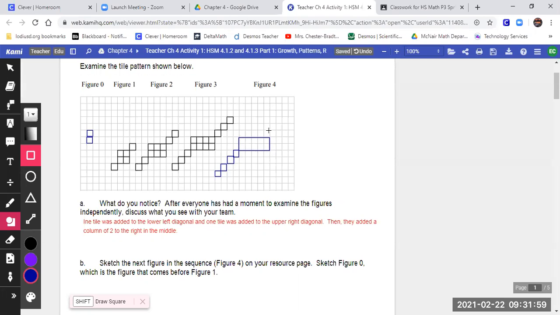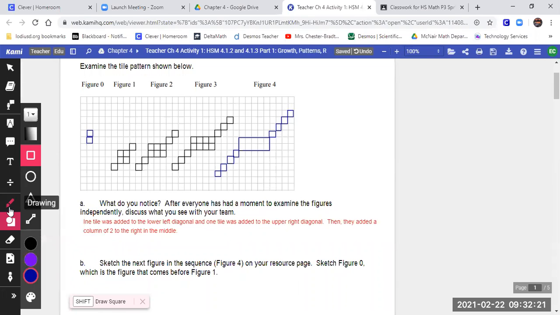Let's see, do I have room for 4 up here? 1, 2, ooh, just barely. 3, 4. And in a perfect world, we would have been able to draw them exactly right.